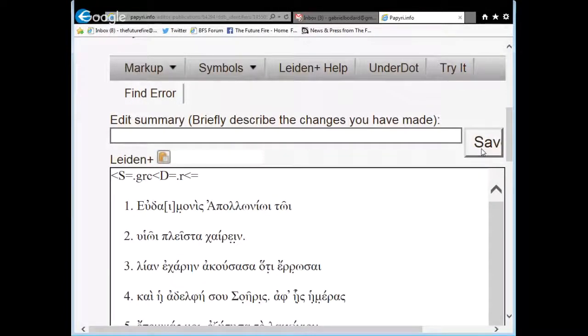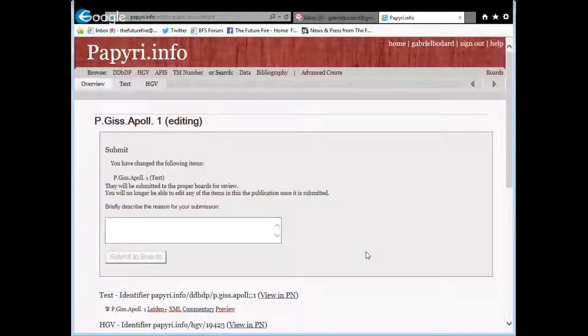But when you want to submit this to the repository, to the database, you go back to the overview button at the top of the page, which takes you back to this page where you started, which looks like this, and which Lucia also showed you earlier.